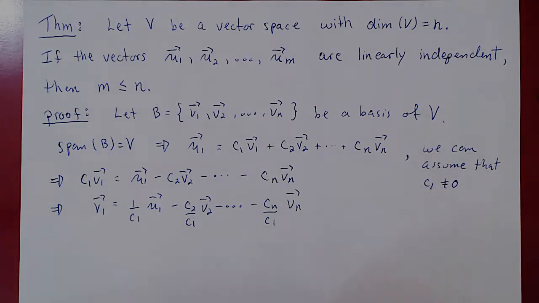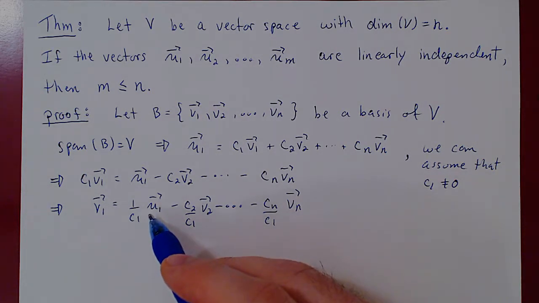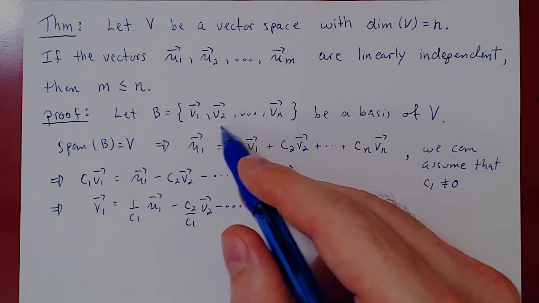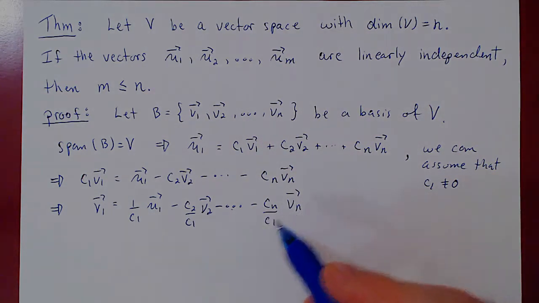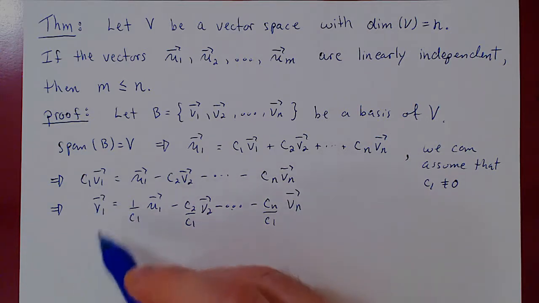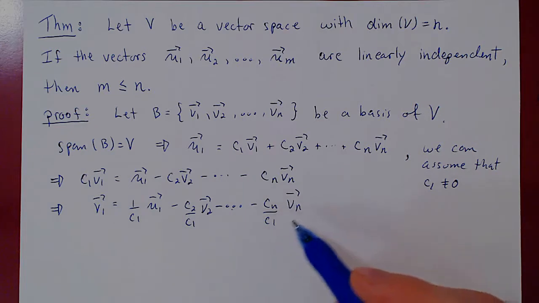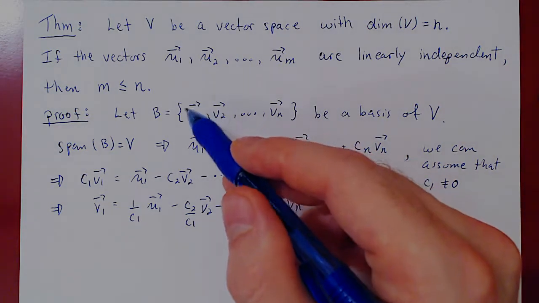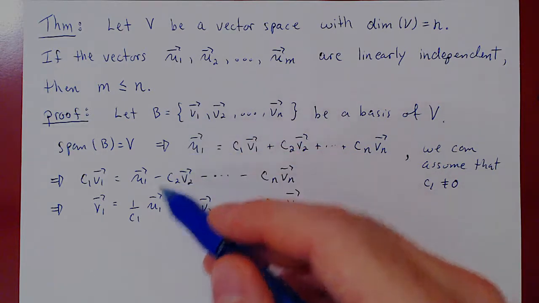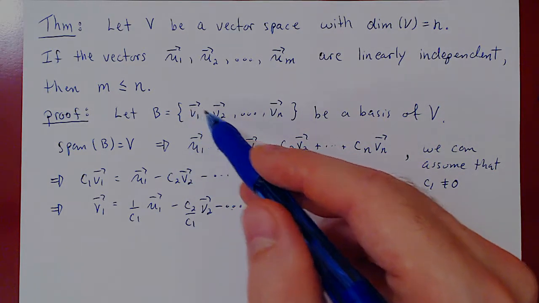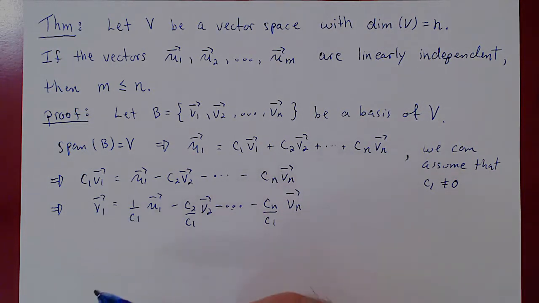And why is this interesting? Well, look at this. If you have vectors u1 and then v2, v3 up to vn, you can generate vector v1, as v1 is a linear combination of vectors u1, v2 up to vn. So if you replace v1 by vector u1, you lose nothing, because with u1 and v2 up to vn, you can generate v1.